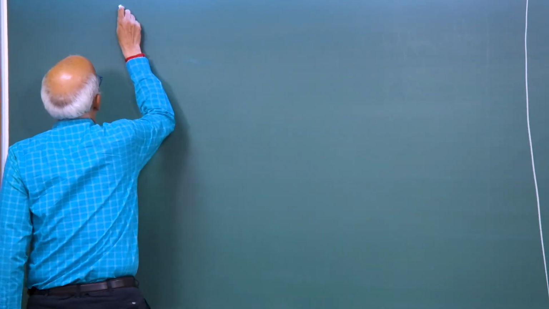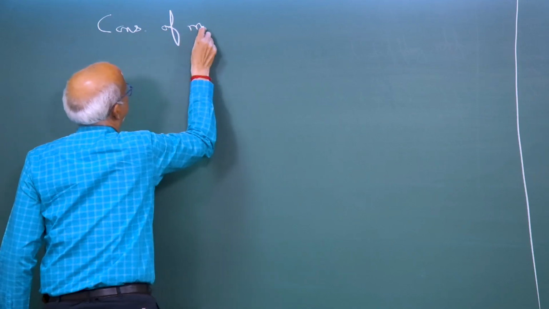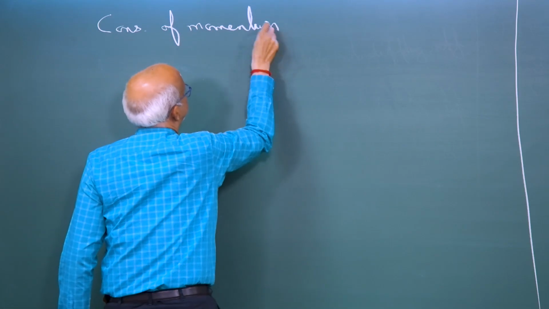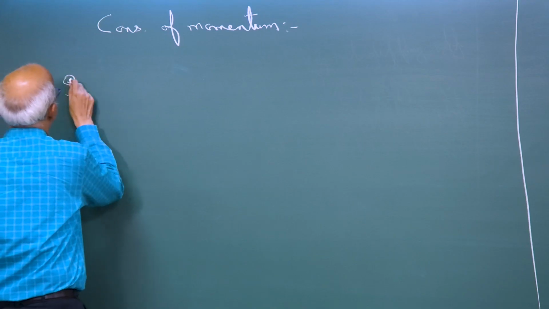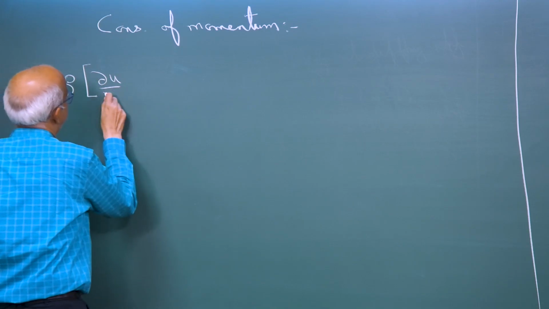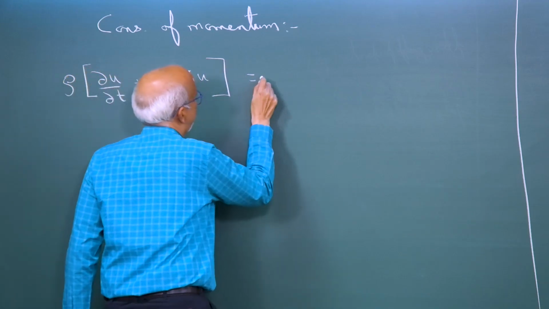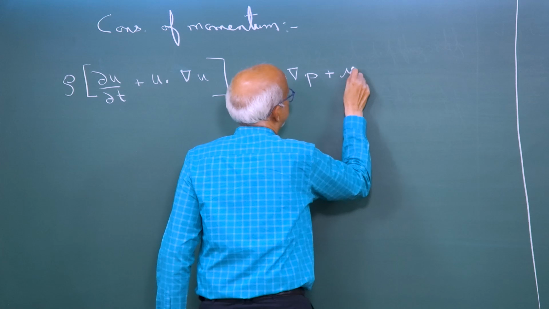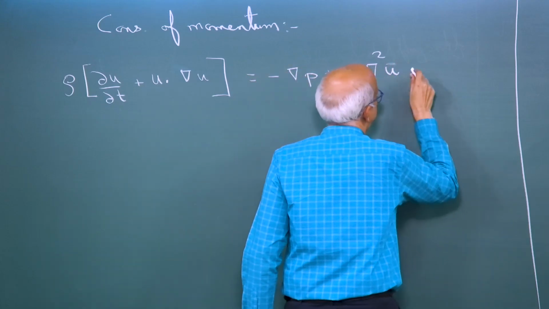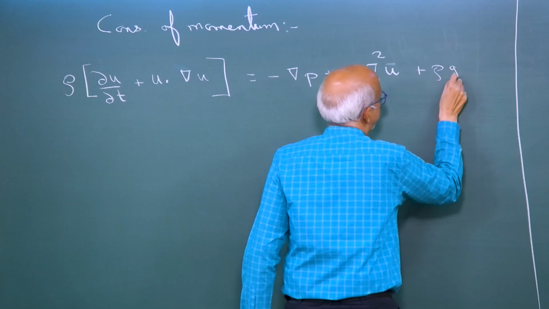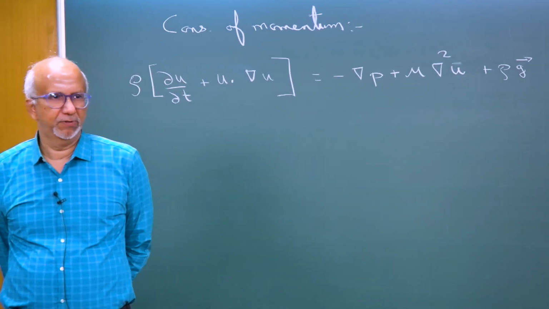So, we have the conservation of momentum, and this is basically your Navier-Stokes equation, where you write du by dt plus u dot gradient of u equals plus mu del square u, okay, plus rho g. So, this is the momentum balance which we have used so far.